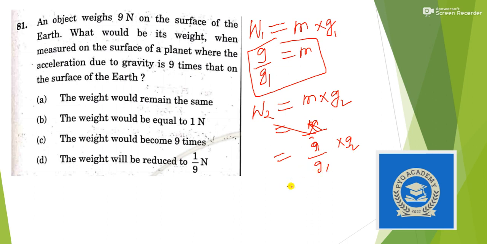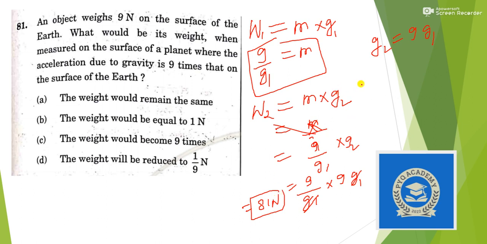Now here it is given that the acceleration due to gravity is 9 times that on earth. That means g2 is equal to 9 times g1. So let's substitute it: 9 by g1 into 9 times g1. So it will be 81 Newton.